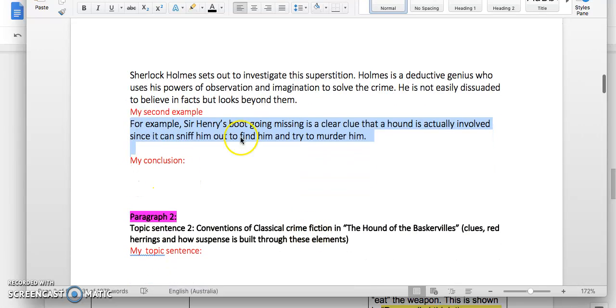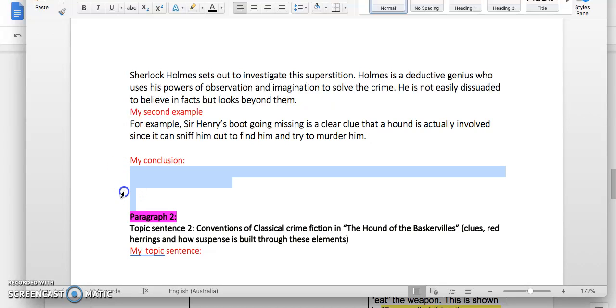Okay, so I could go on and write a little bit more there, but I'm trying to make it quite concise because I want to show you a sample. It's not a perfect sample, but it gives you a bit of an idea of what's expected for this assessment. Both the frightening setting and the brilliance of the investigator allow the audience to be engaged in the story from the outset.